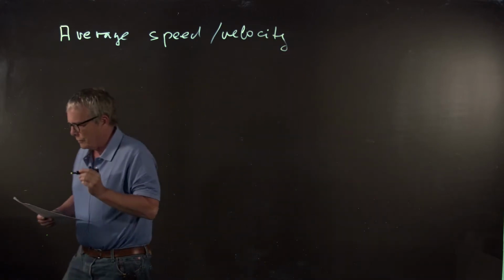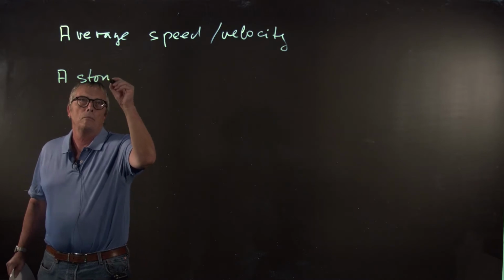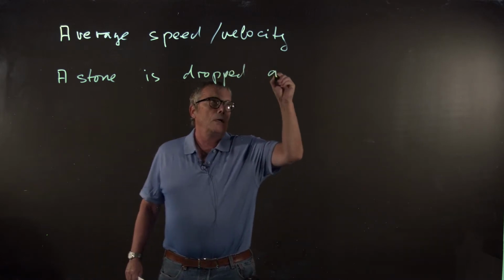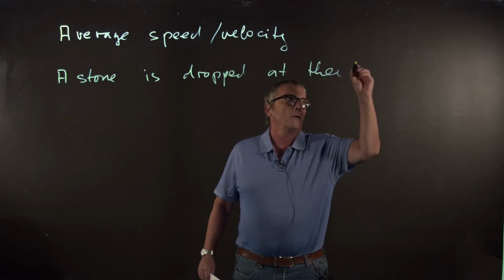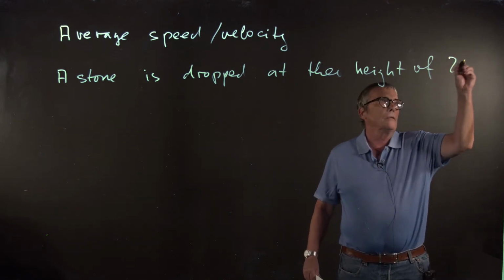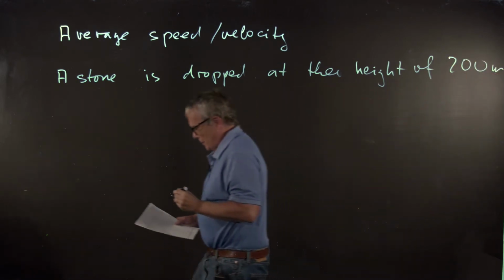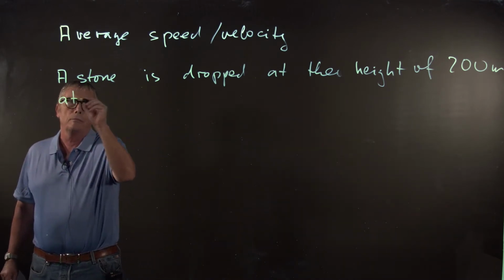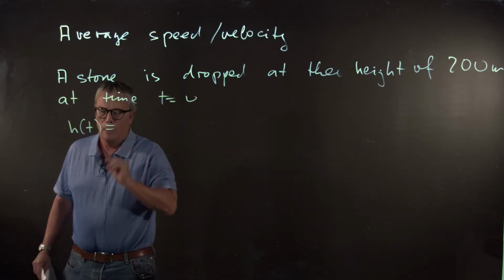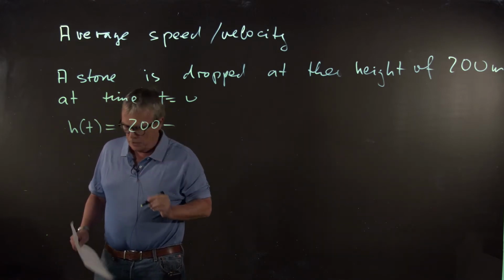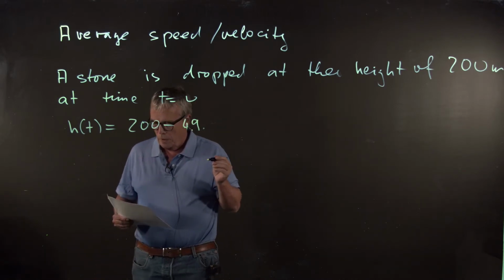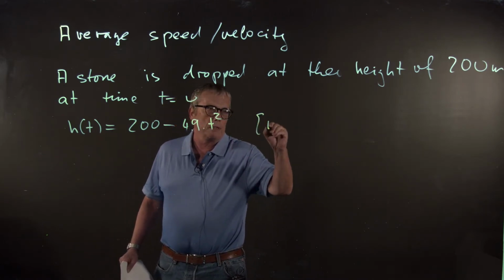So, for example, a stone is dropped at the height of 200 meters, and the height at time t, so at time 0, and then the height as a function of time can be computed to be 200 minus 4.9, this is half of the acceleration, times t squared, and this is in meters.